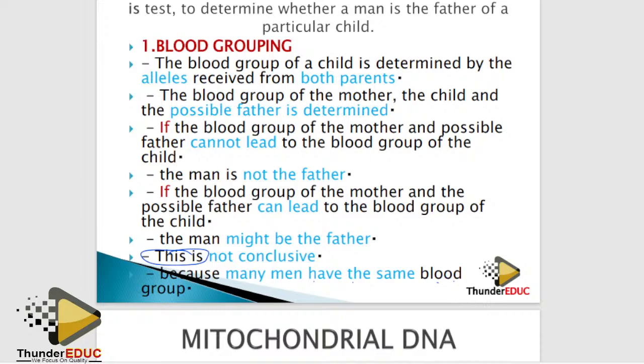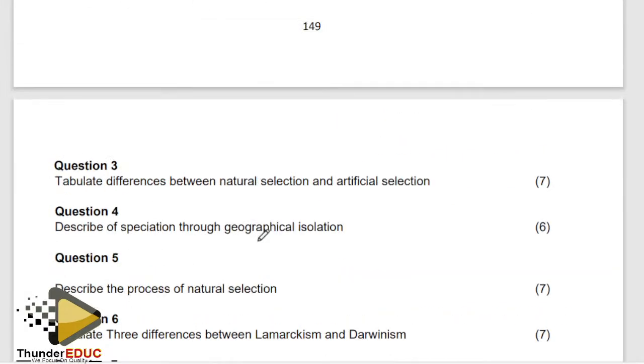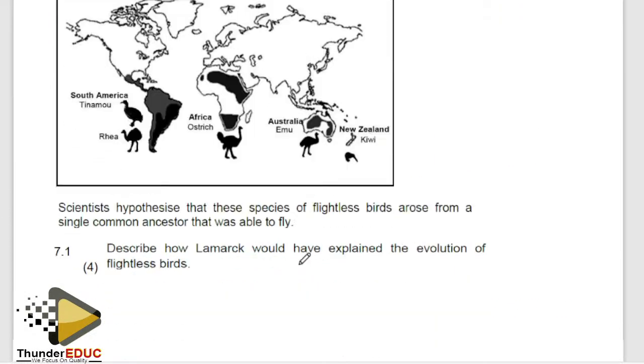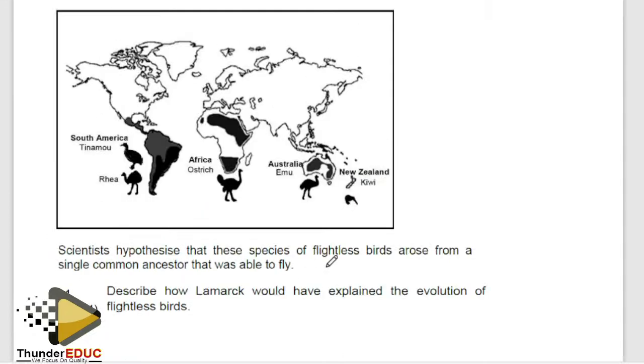Guys, now we are going to evolution. Before I start to talk about evolution, the way they are setting papers now is a little bit different. We used to have a lot of marks in human evolution, and we were specific that human evolution takes this amount of marks.